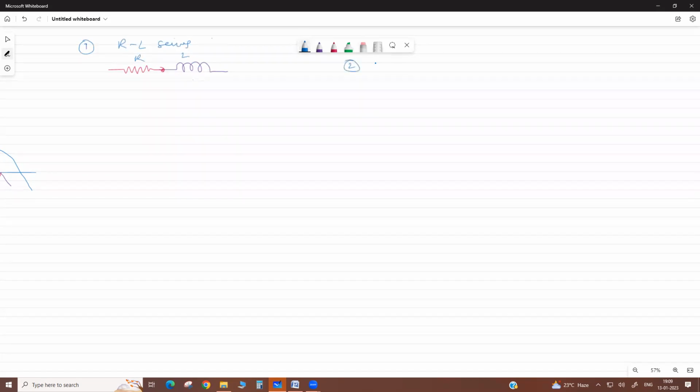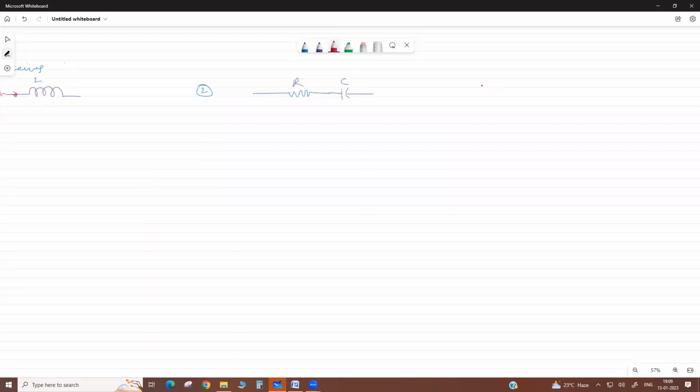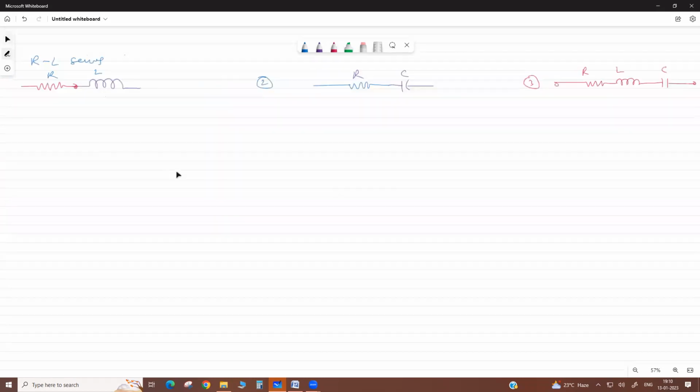Second is R and C in series, with the capacitor. Or third, when all three are in series. Here we discuss these three circuits, okay?